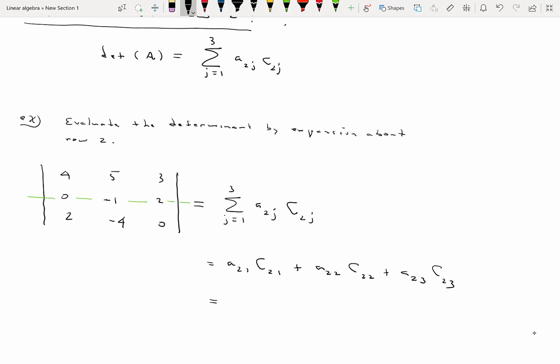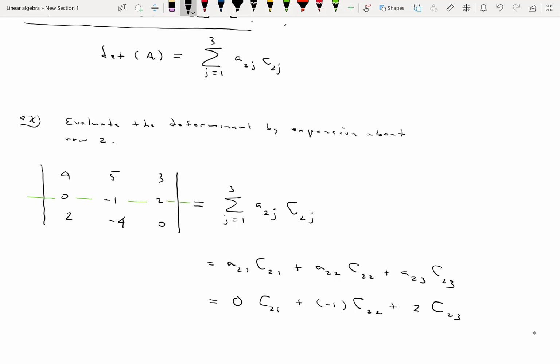A21, that's where the little vertical green line would go through the first row and intersect at A21, which is 0 times C21, plus A22, which is negative 1 C22, plus A23, 2 times C23.